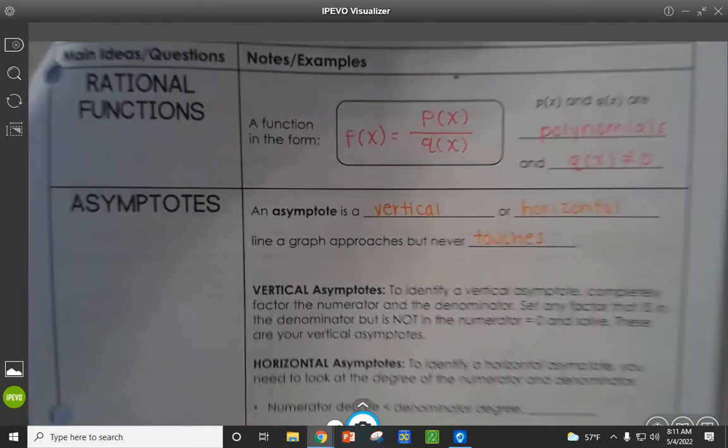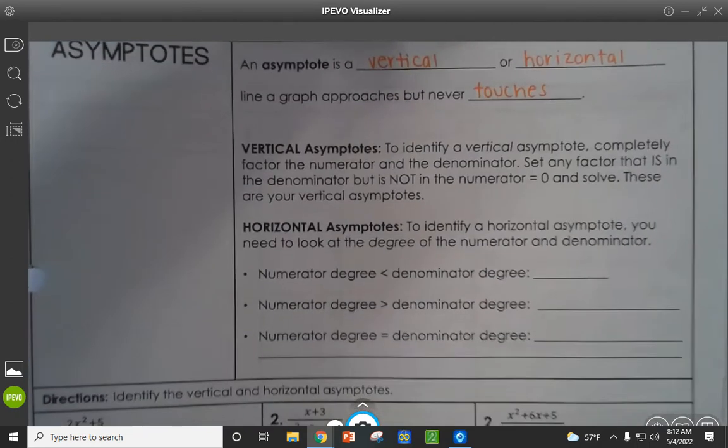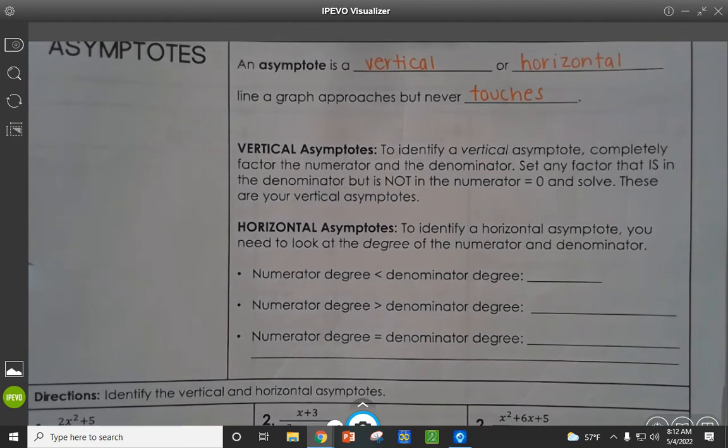And so we're going to look specifically, now there can be diagonal asymptotes, but we're only going to look at vertical and horizontal. So to look at a vertical asymptote, so a vertical line, a line that goes up and down, we have to completely factor the numerator and denominator.